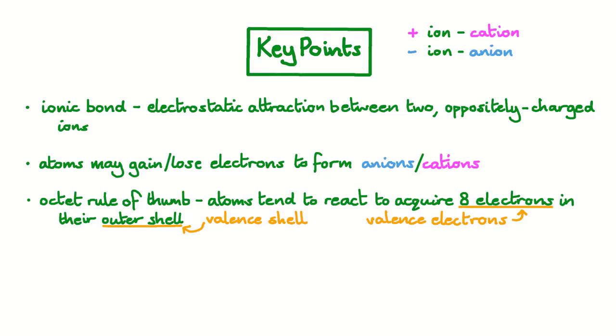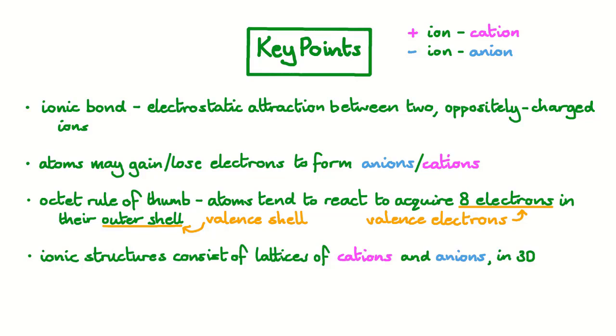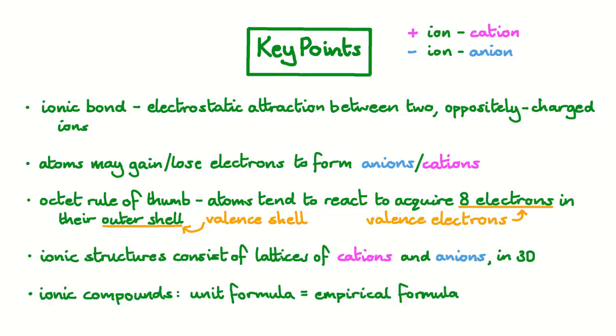We can use the octet rule to predict whether an atom is likely to form an anion or a cation, since atoms tend to react to acquire 8 valence electrons. Ionic structures produced by ionic bonds consist of lattices of cations and anions in 3 dimensions. And for ionic compounds, the unit formula is the same as the empirical formula, the simplest ratio of elements in the compound.